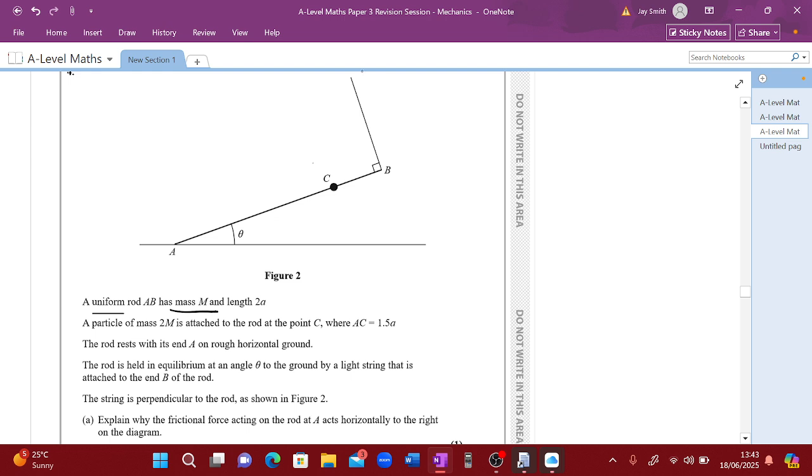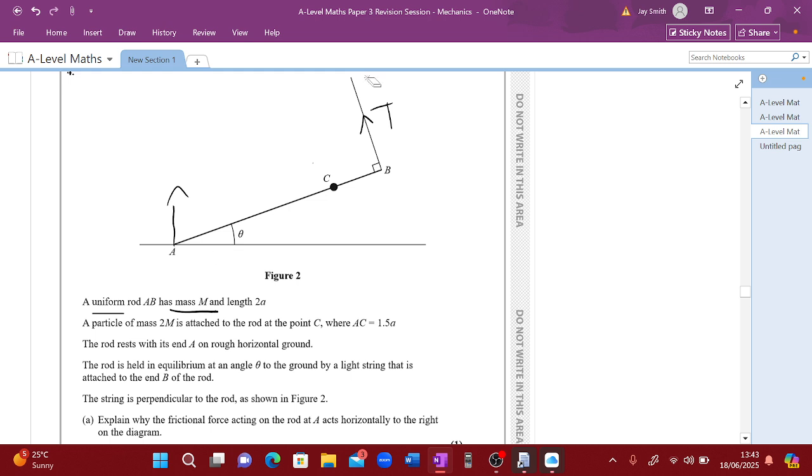Let me have a look. Oh, it's a string, so that's going to have a tension. There we are. That would be tension, but there'd be no reaction. But here, this is a floor, I think, the ground, and it's a surface, so it will have a reaction force at this point A, not because of the rod, but because the rod is touching the floor.